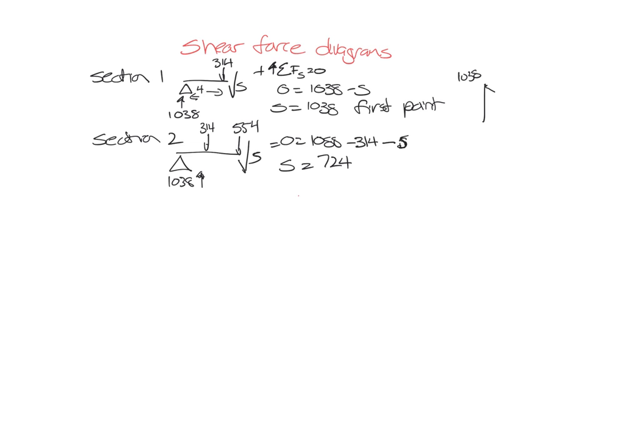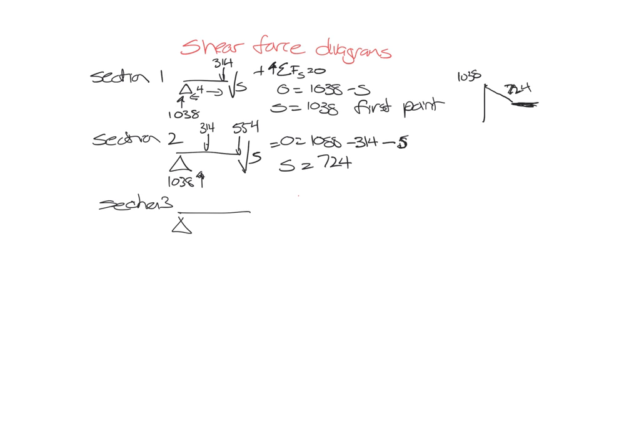The uniform distributed load is down, and that's coming to that 314 point. Well, it's actually 724. Now my next point across will stay constant till I get to my load.